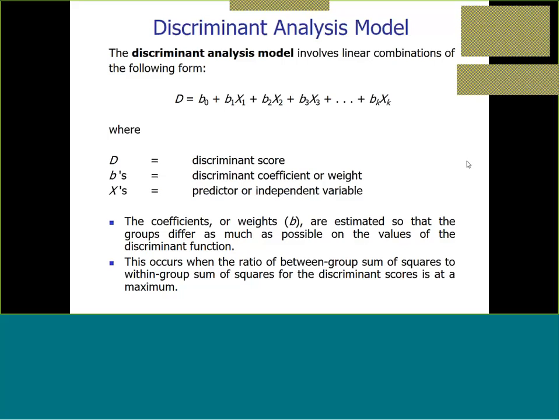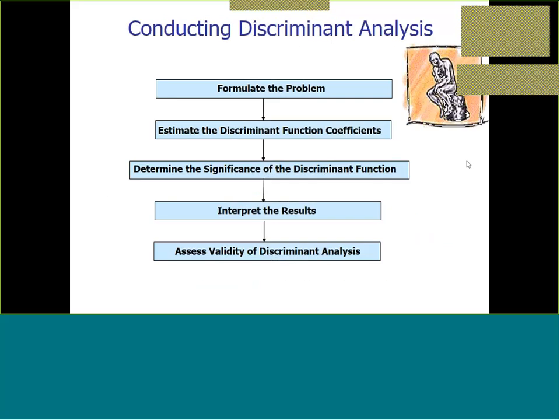So generally the outline of discriminant analysis is: step 1, you have to formulate the problem. Step 2, estimate the discriminant function coefficients. Step 3, determine the significance of the discriminant function, interpret the results, and finally assess the validity of discriminant analysis.